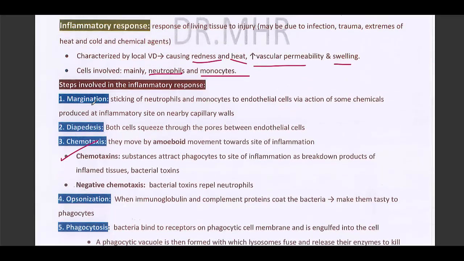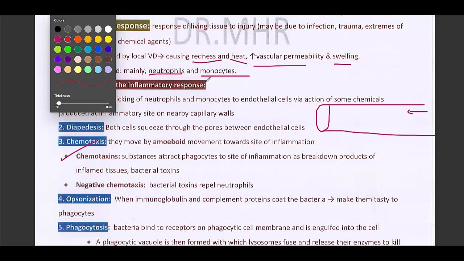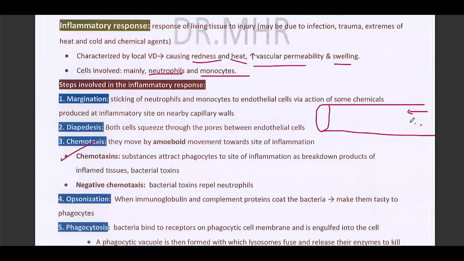Let's simply imagine what will happen. Imagine this is a blood capillary. Blood is moving, and the normal blood cells move in the center.